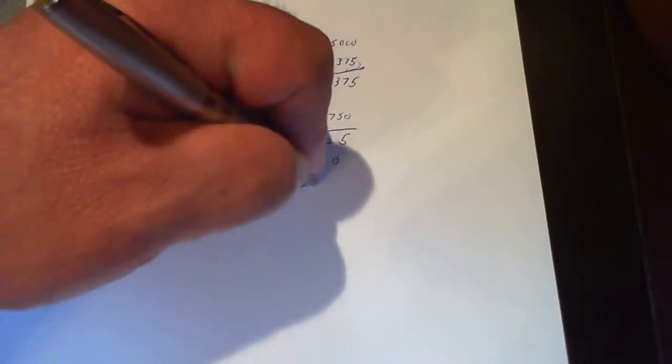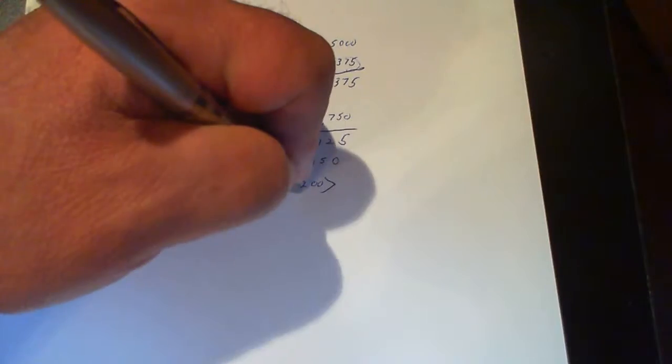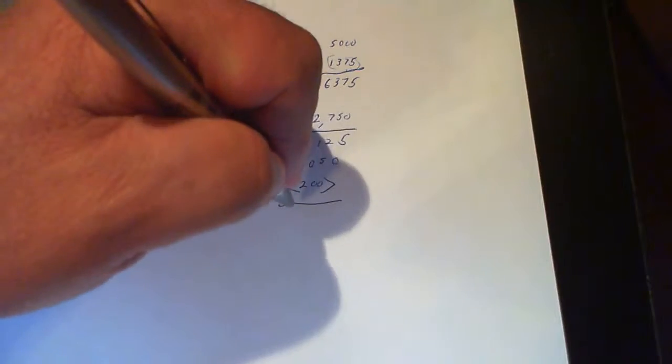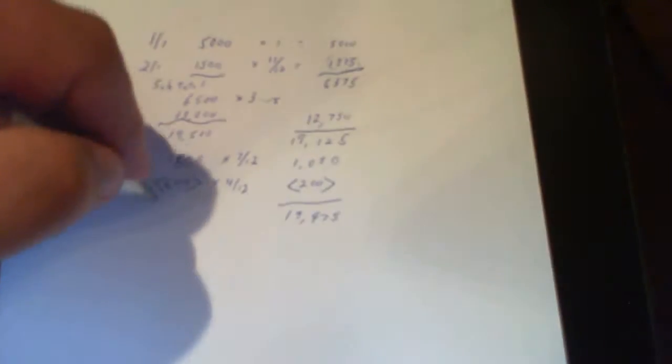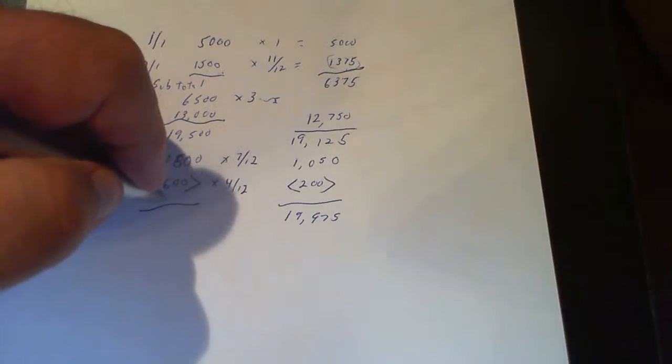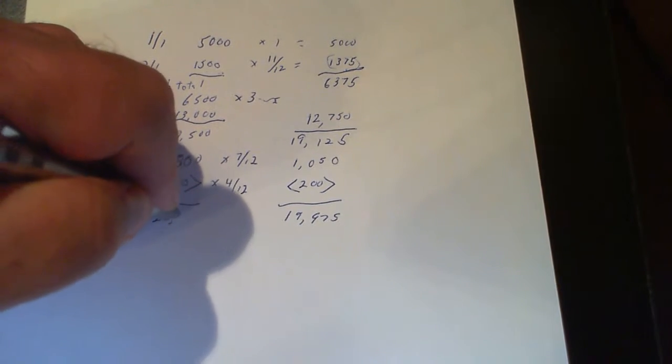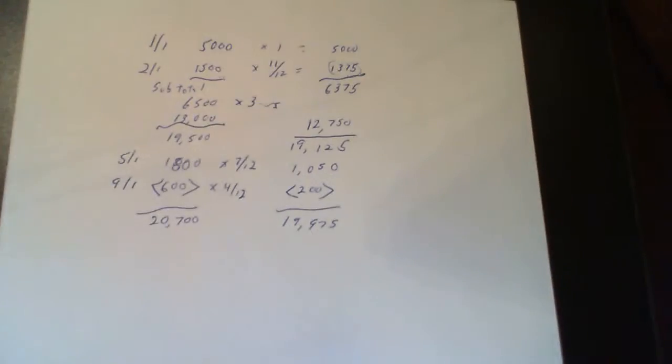And that will be the same as a negative 200. And if we add from this subtotal down, we should get 19,975. And if we add from this subtotal down, we get 2,700. All right.